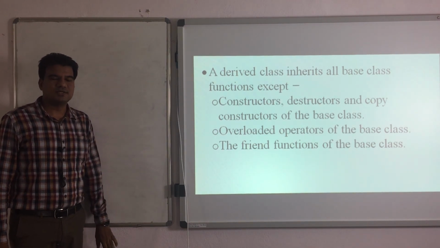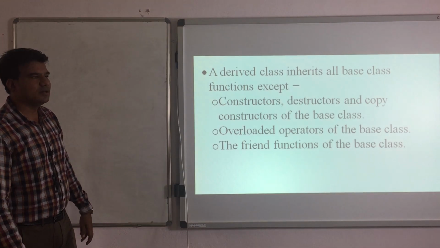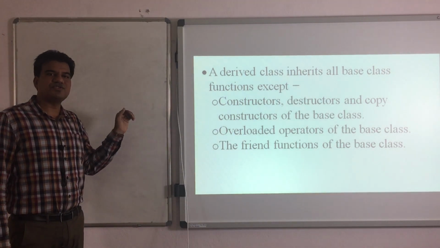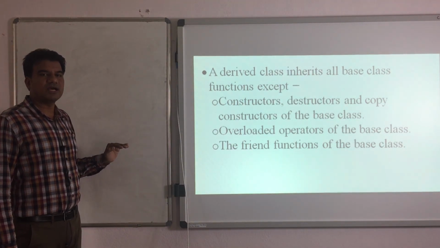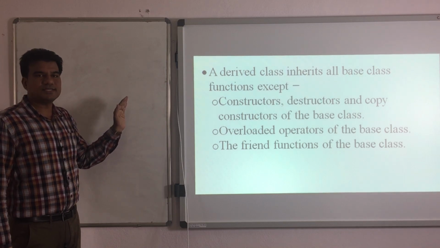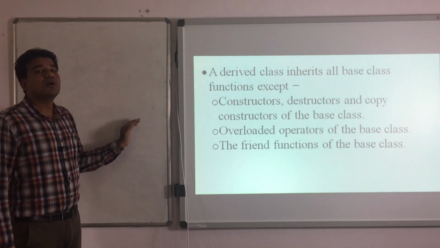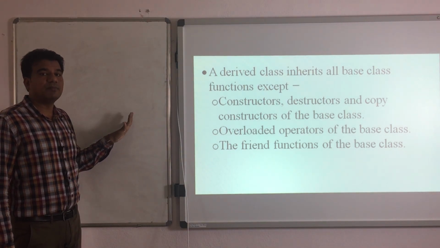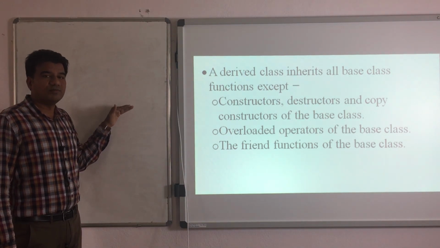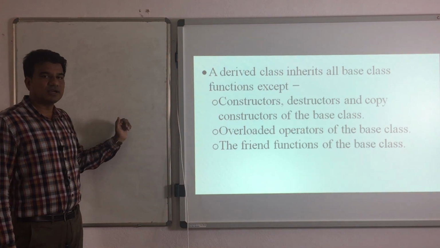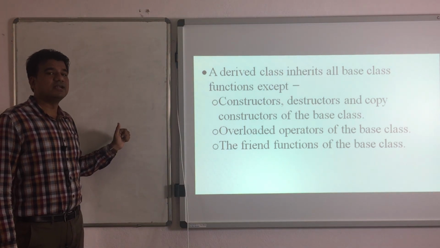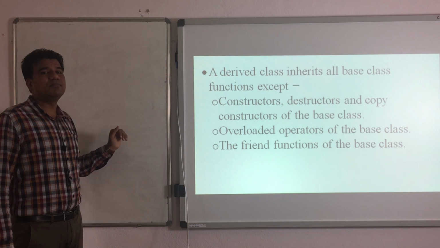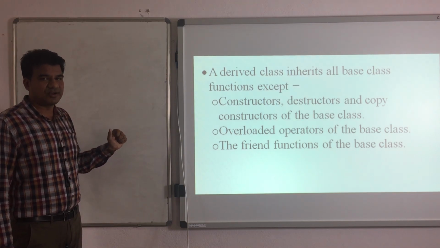Okay, welcome back students. So here, when we are extending our derived class from an already existing base class, what data members and member functions can we inherit from the base class to the derived class? We already discussed that. We said only the private members are restricted.